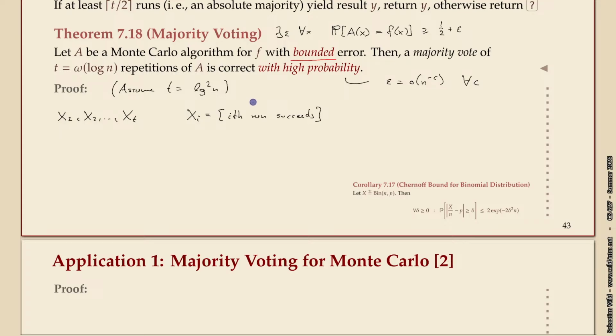Right, so on our input x, we actually get what the function is supposed to output. And so this is an indicator random variable of this event that the ith run satisfies this. And of course, this is a 0, 1 variable. So it has some probability to occur. And we actually know a bound for this probability.